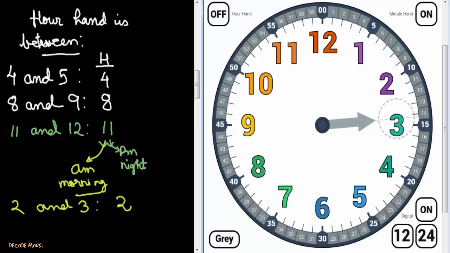So the common thing is that the hour is always the lower end of the number. Between 4 and 5, it's 4; between 8 and 9, it's 8; between 11 and 12, it's 11; between 2 and 3, it's 2. The hour hand represents the hour, and if it is between any two numbers, then the hour is the lower of the two numbers. I hope you have understood.